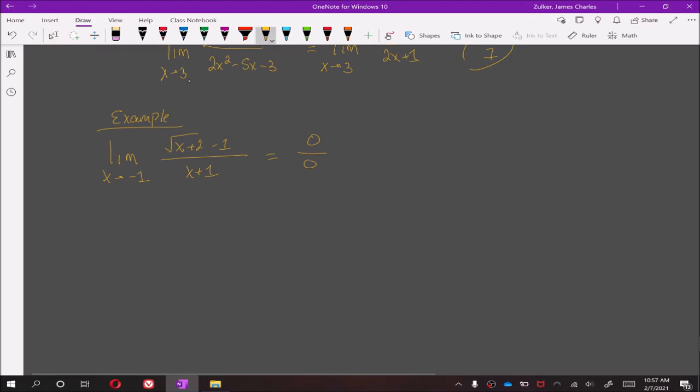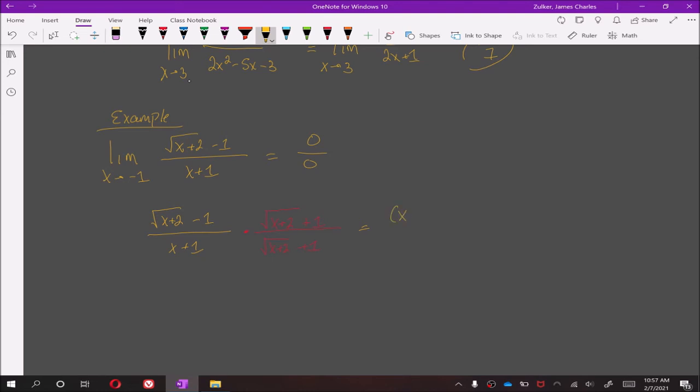So what we want to do is try and simplify the function. Here we're going to rationalize it. So we're going to multiply by the square root of x plus 2 plus 1 all over the square root of x plus 2 plus 1.